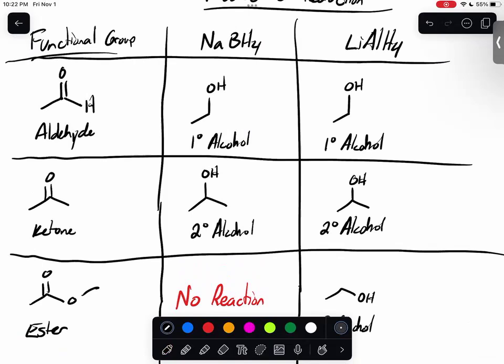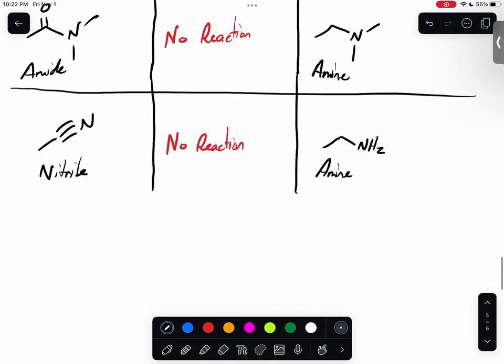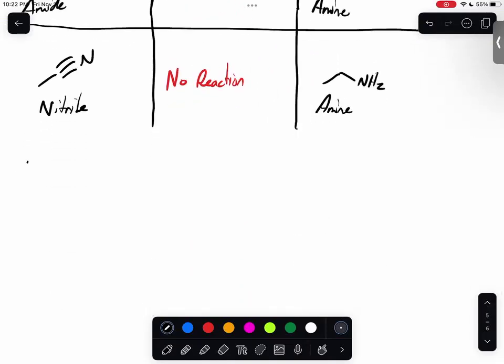Well, I'll give you an example. Let's say that you had a molecule that looked like this. And you really wanted to take this molecule and run it through a reduction in order to get one primary alcohol so that you can do some reactions.